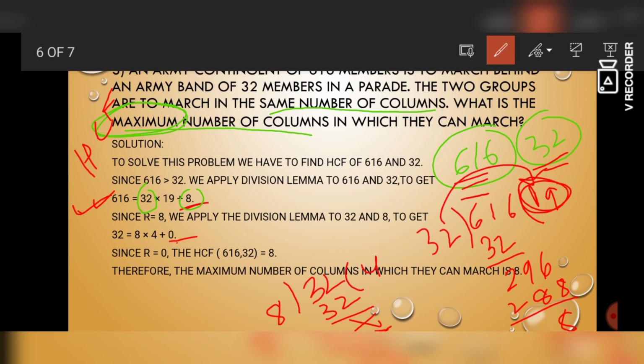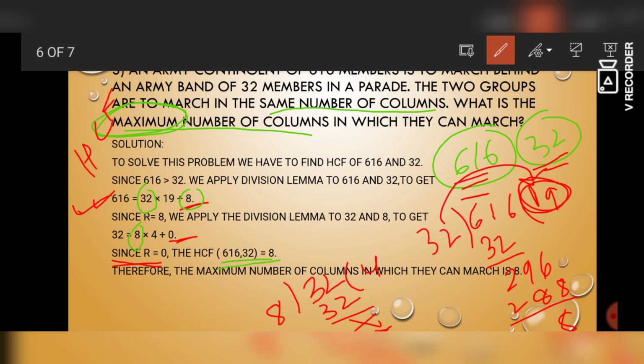Whenever our remainder becomes 0, the HCF will be the number B. In this case the B is 8. So HCF of 616 and 32 is 8.